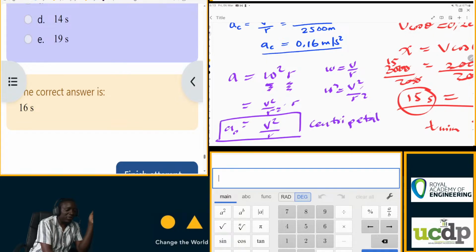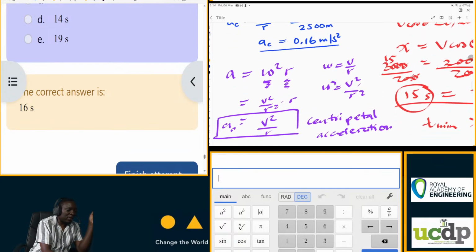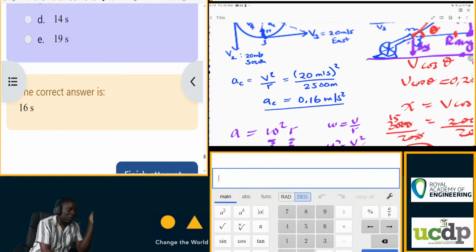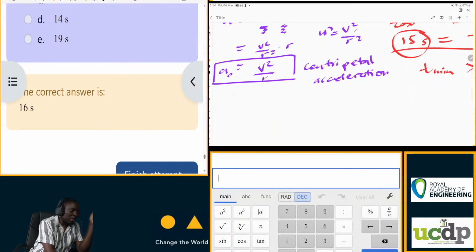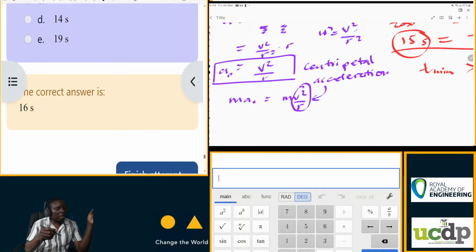Usually you get it in your formula sheet as well. You'll come across that formula a lot of times. You have to know this formula. Even when you're calculating the centripetal force, you say mv squared over r. You're just saying mass times acceleration, so mv squared over r, or m omega squared r.